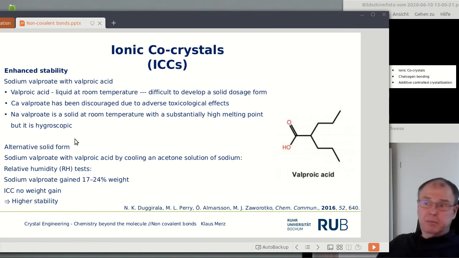Sodium valproate gained around 25% weight, while the ionic co-crystal, free acid with the salt together, showed no weight gain. So we have a higher stability of this ionic co-crystal drug.